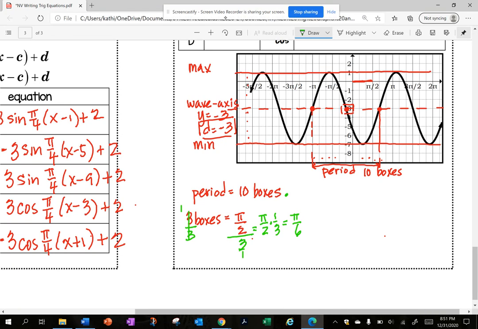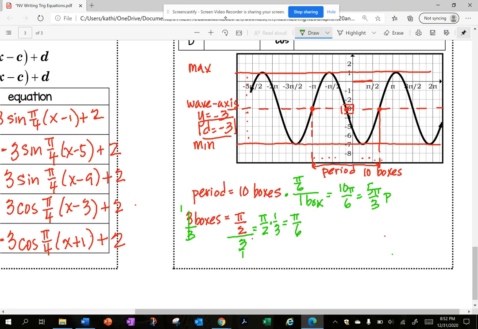So now I want to convert units. One box is pi over 6. So 10 pi over 6, and simplified, that is 5 pi over 3.